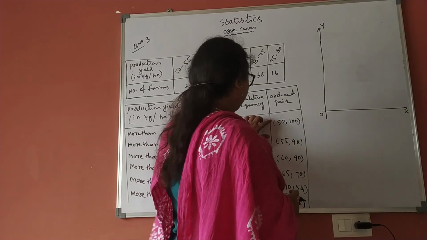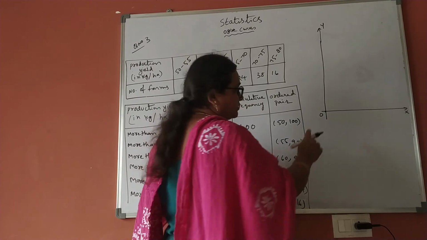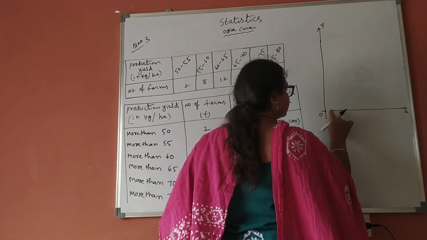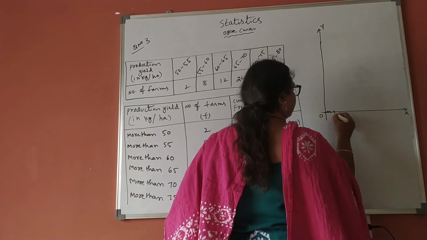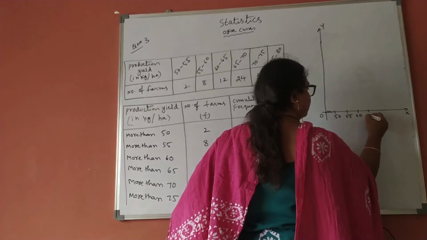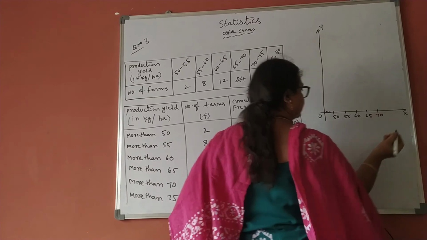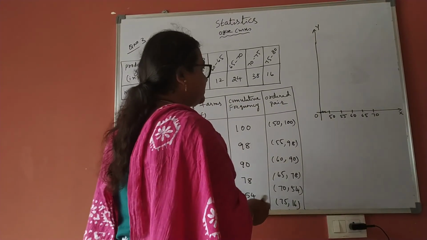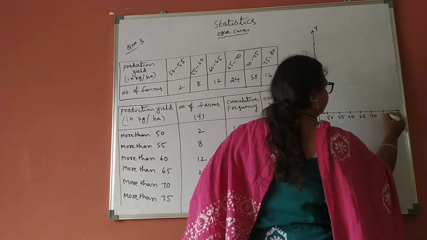So here 50, 55, 60 like that. So we use a kink here. Here also we use a kink. 50, 55, 60, 65, 70, 75.